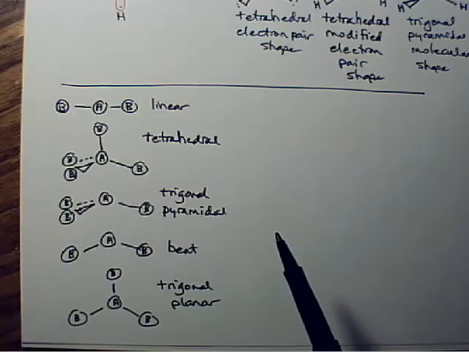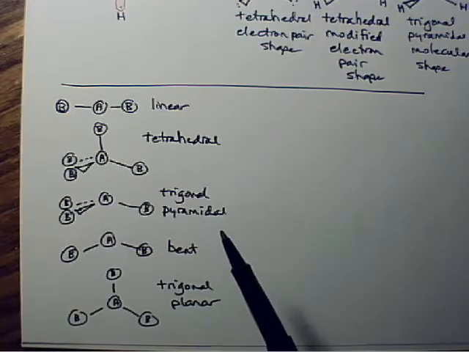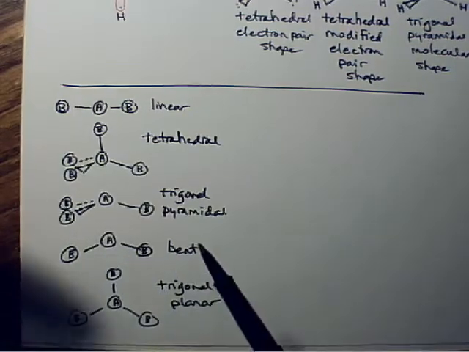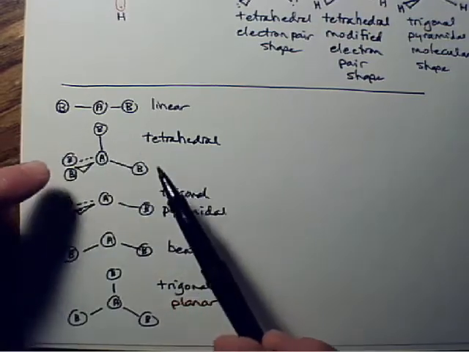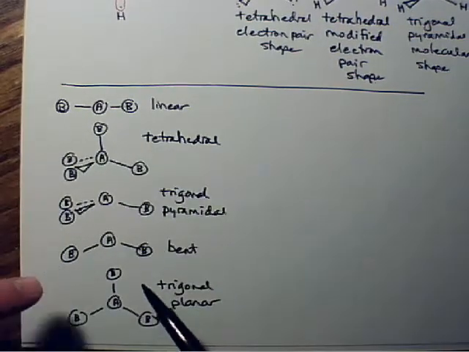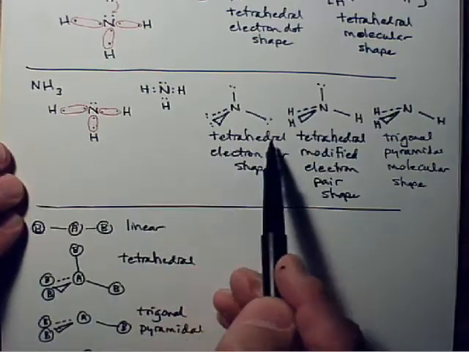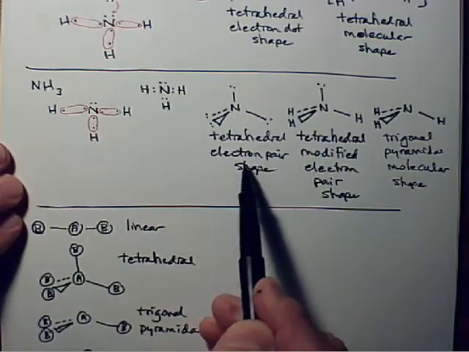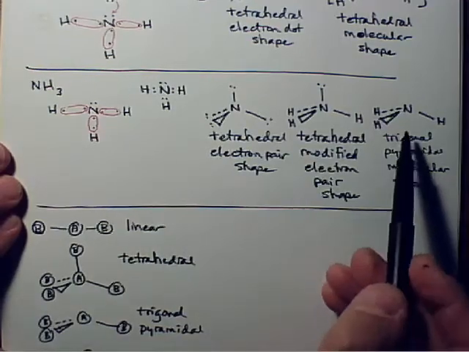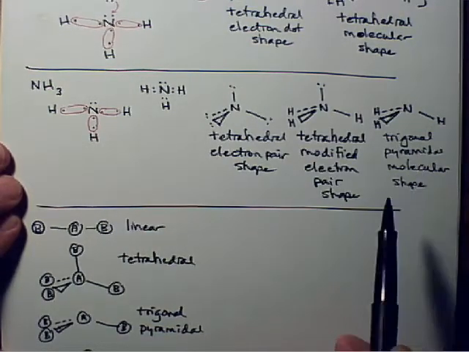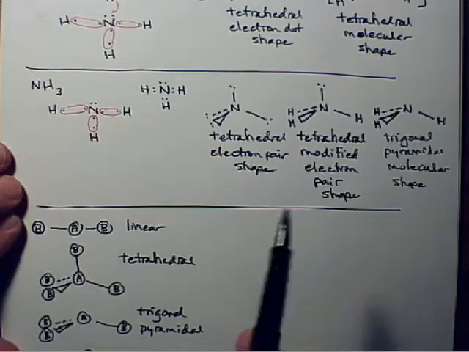You have to know if it's a molecular shape. So when you name those different structures, you have to have both. If it's three-dimensional, you have to have both the geometry and the type of drawing. Does that make sense? So this is geometry tetrahedral, type of drawing electron pair shape. This is geometry trigonal pyramidal, type of drawing molecular shape.